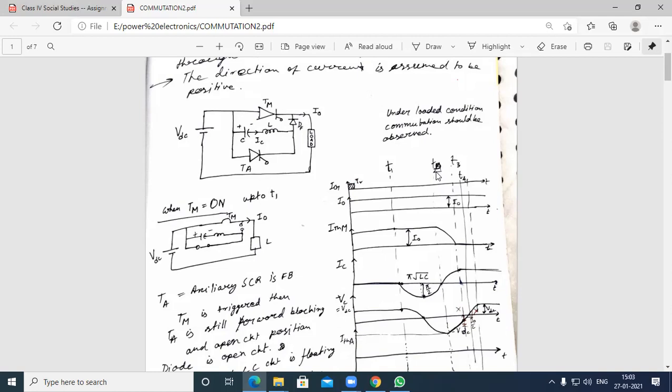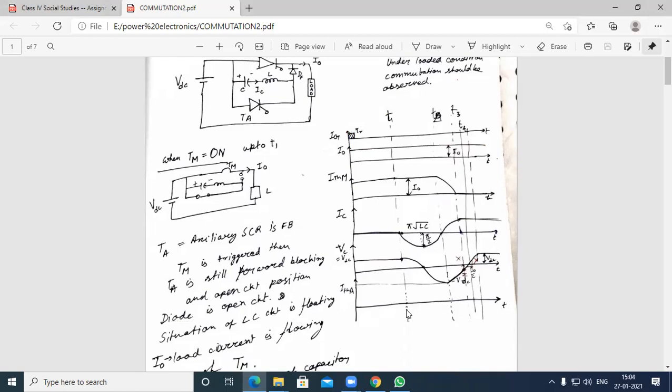So this is our point T2. Up to this it is sinusoidal. The main thyristor is still carrying current, and this is the IC. IC is sinusoidal. Vc is discharging from T1, and this is obviously a cosinusoidal signal.